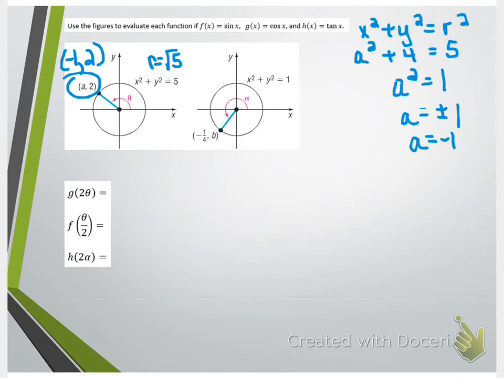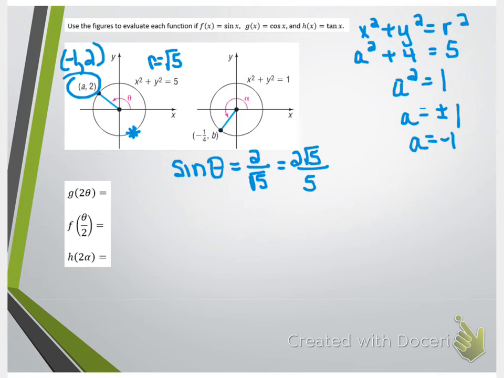Okay. Now what that gets us is now for theta. For this first thing over here, I can stop, because I know for all my formulas I've got to have sine and cosine values, right? So I can stop right this minute and I can say that the sine of theta is what? 2 over root of 5, y over r, which is the same thing as 2 root 5 over 5.